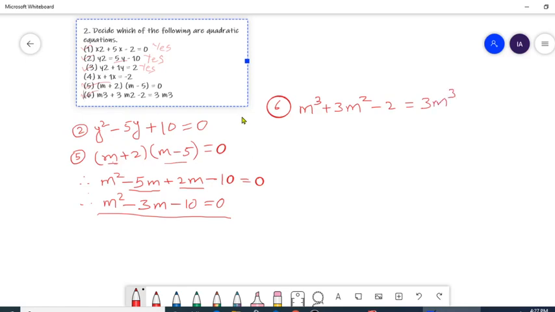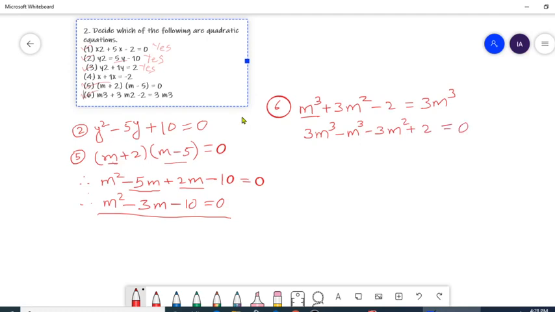Now we need to identify whether it is quadratic or not. So I can bring all these numbers to the left hand side or right hand side. So this will look like 3m cube. This is positive 3m cube, so we can take negative 3m cube minus 3m square plus 2 is 0.